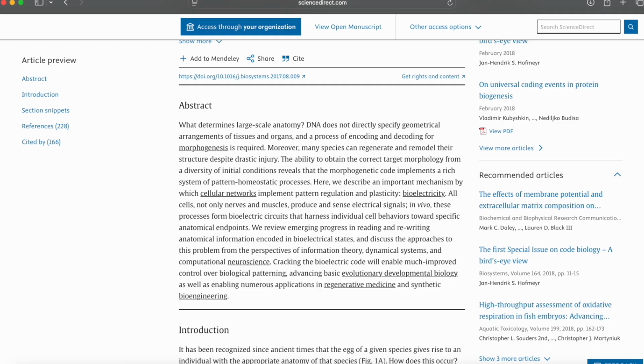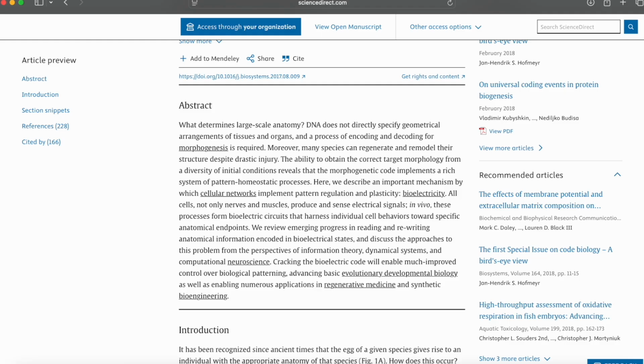Here, we describe an important mechanism by which cellular networks implement pattern regulation and plasticity. Bioelectricity. All cells, not only nerves and muscles, produce and sense electrical signals. In vivo, these processes form bioelectric circuits that harness individual cell behaviors towards specific anatomical endpoints.